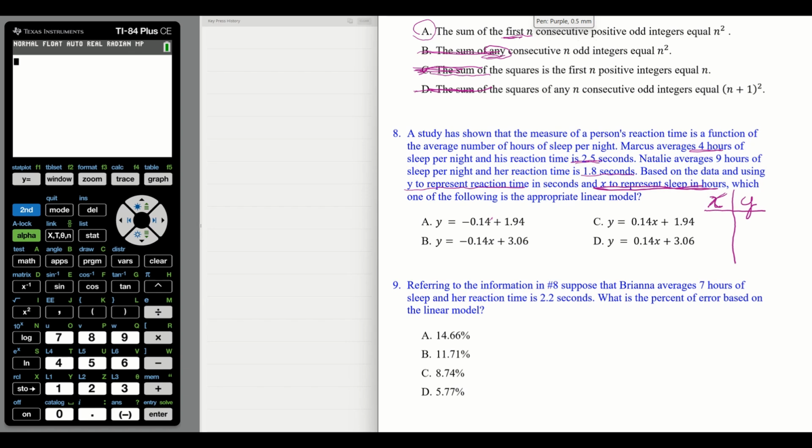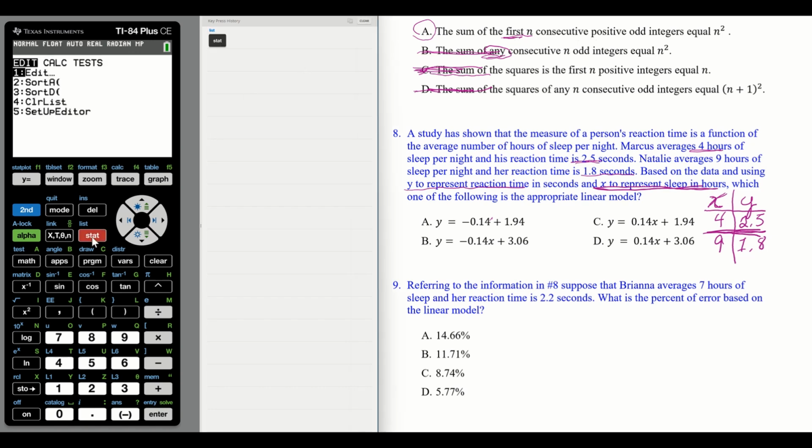And 2.5 represents a reaction time. So you've got to be careful. That's why they're telling you. So 2.5, and then we have 4, and then we had 9. Okay, 9 hours. We're going to do this on our calculator. There is no way we need to do this by hand. So you need stat.